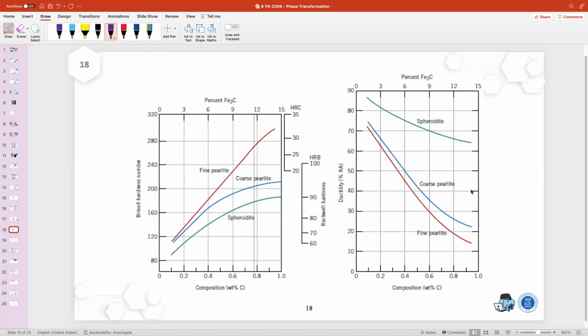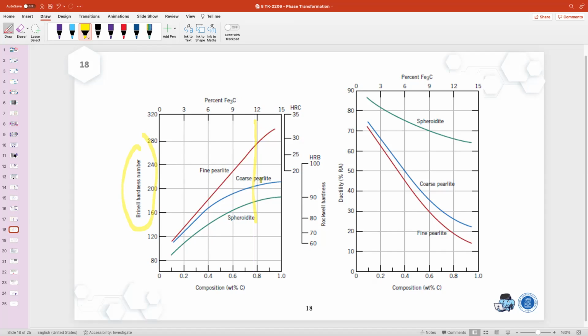Okay, so if we compare at a similar composition, let's say here, it can be the Brinell hardness number, which is the measure for hardness. The fine pearlite is much harder compared to coarse pearlite, and the lowest one is the spheroidite.